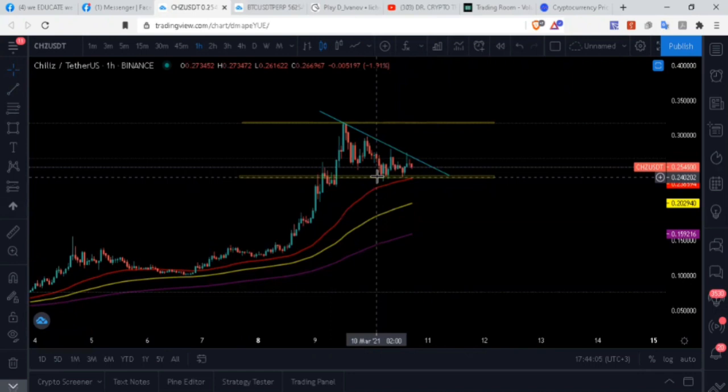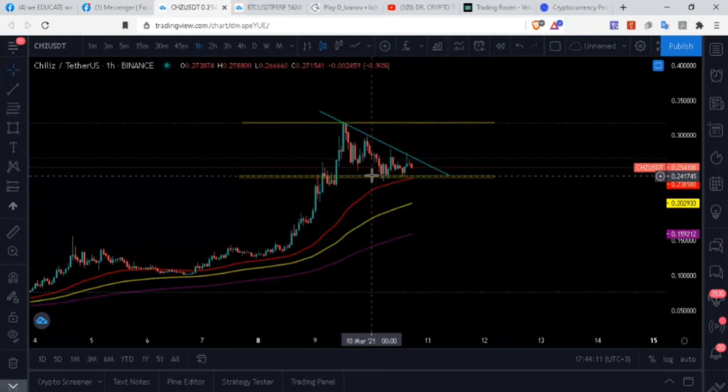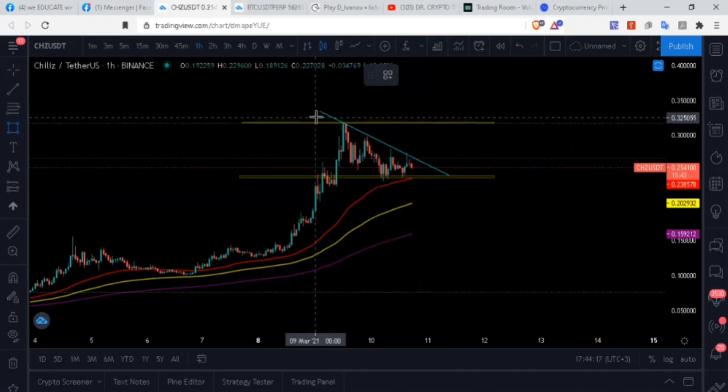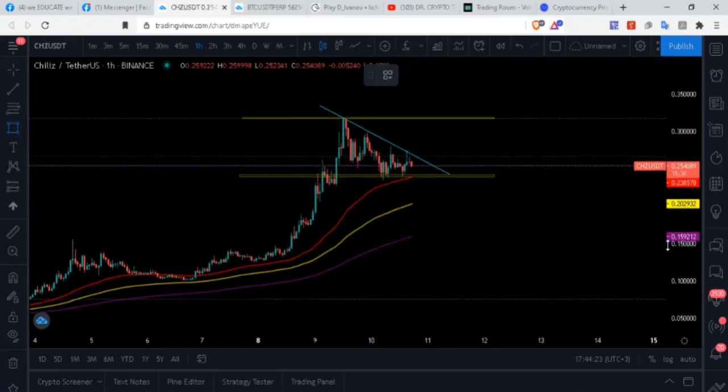And also the price is respecting the 50 MA. So that's our wall of confluence here. There are two options that we are going to use here.